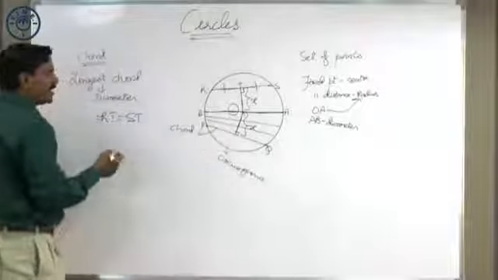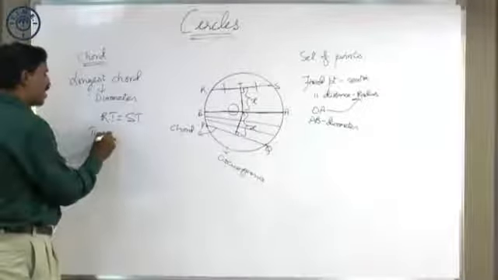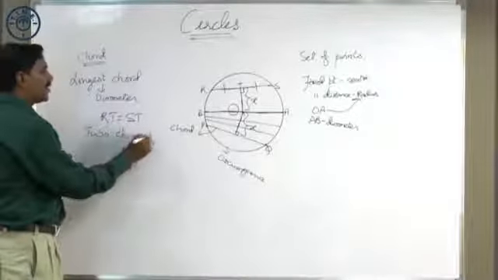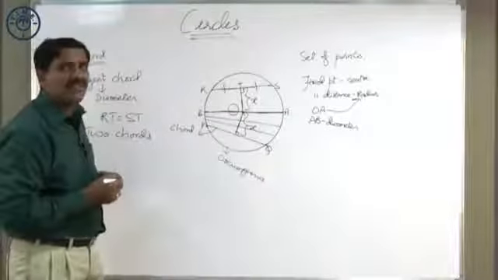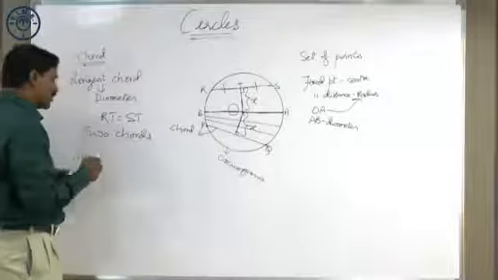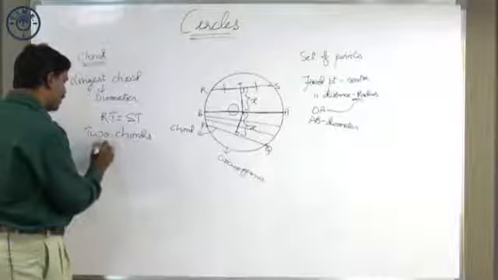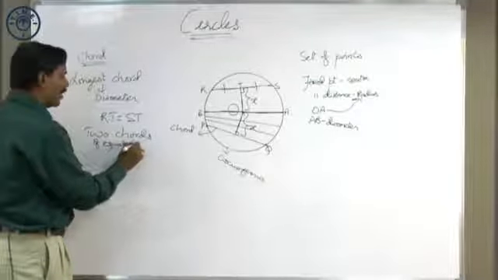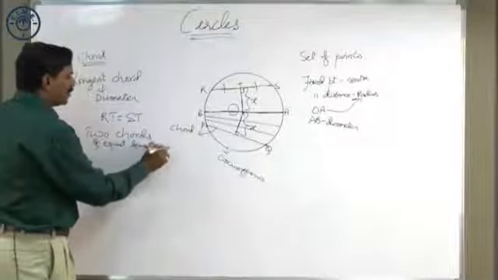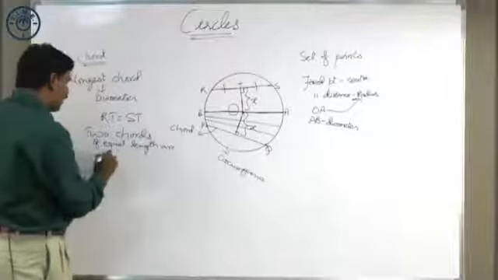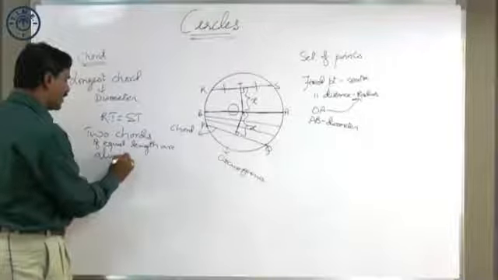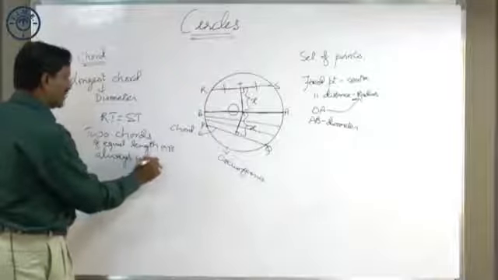Or in other words, 2 chords of equal length will always be equidistant from the center of the circle.